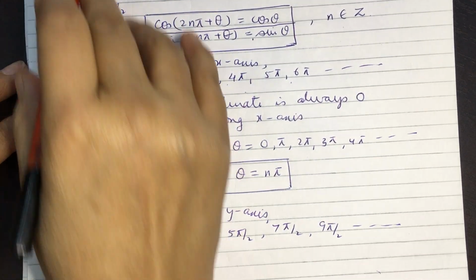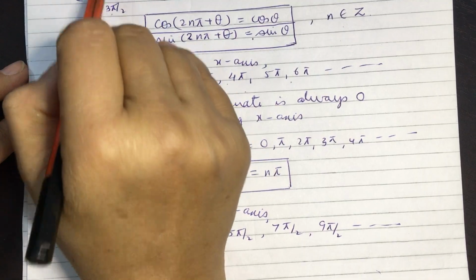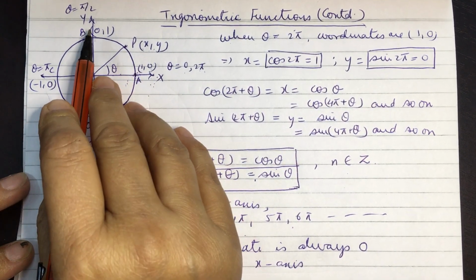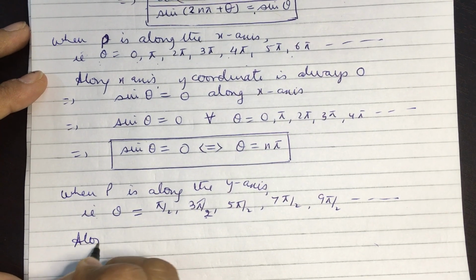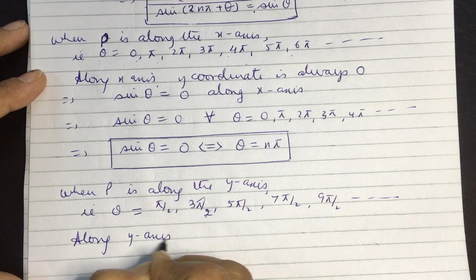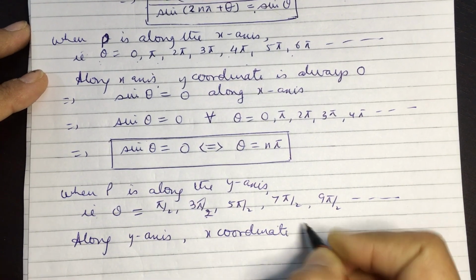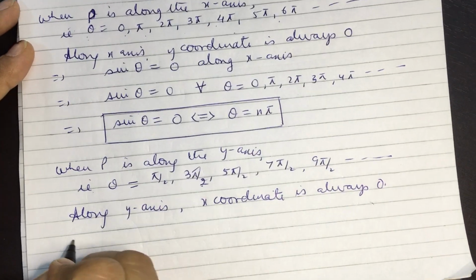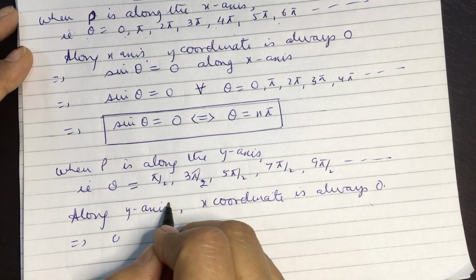Okay, so the y coordinate, since the point is along the y-axis, the x coordinate is always 0. So along the y-axis, the x coordinate is always 0. It implies that, but the x coordinate corresponds to cos theta.